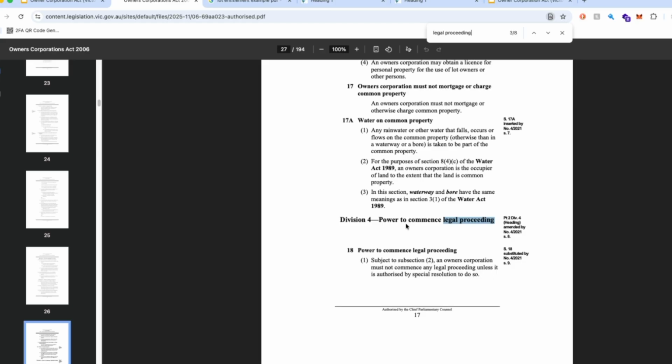Basically, you can think of legal proceedings as the OC using the OC's fund, and as I explained previously, the OC is all the owners.